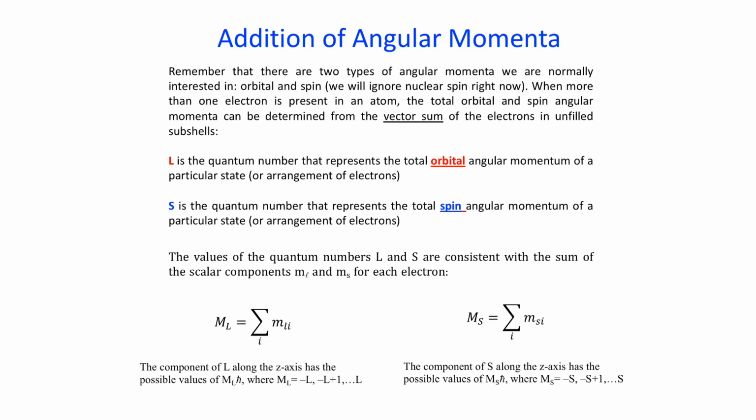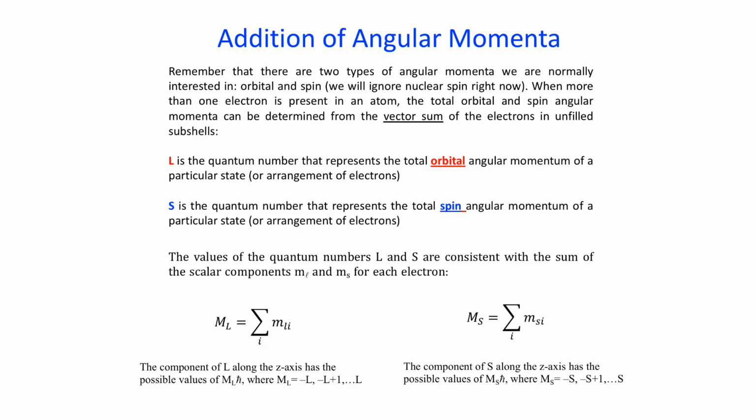Big L is our quantum number that represents our total orbital angular momentum of a particular state, or in other words, a particular arrangement of electrons. And then capital S is the quantum number that represents the total spin angular momentum of a particular state or arrangement of electrons.